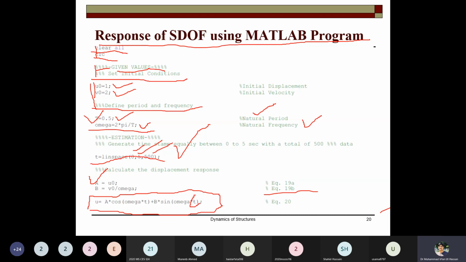Because time is a vector. a and b are single-value numeric constants, but t is a vector. Omega t is a vector, so cos of omega t or sin of omega t is a vector. So the answer will be in vector form with 500 values, one value of u against every time value.